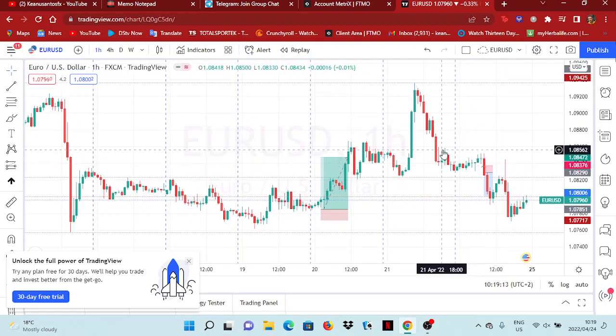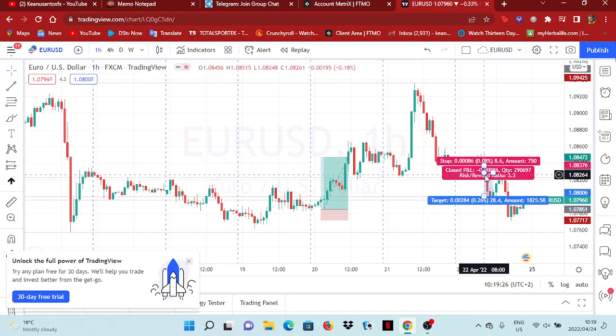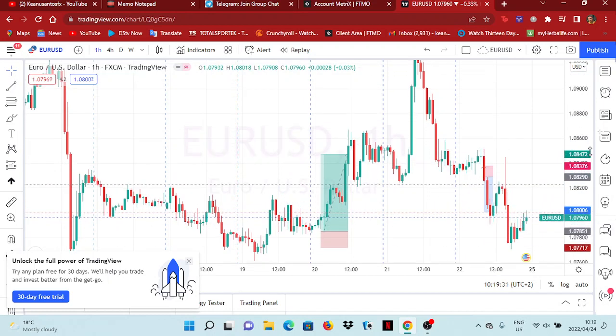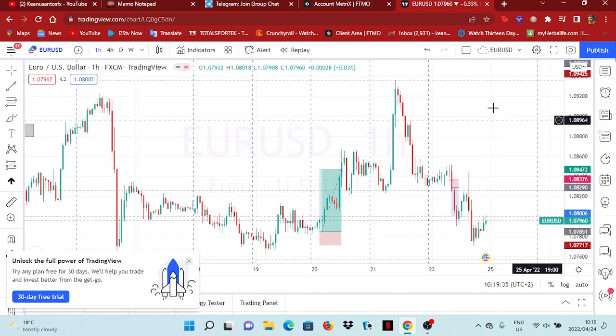We had our correlation pointing downwards. So as the price came here, we were aware that we're not going to buy this because our correlation is telling us that the momentum is going downwards now, and we should look at the sells again. We took a 1 to 3.3 RR here. It was just a quick trade.